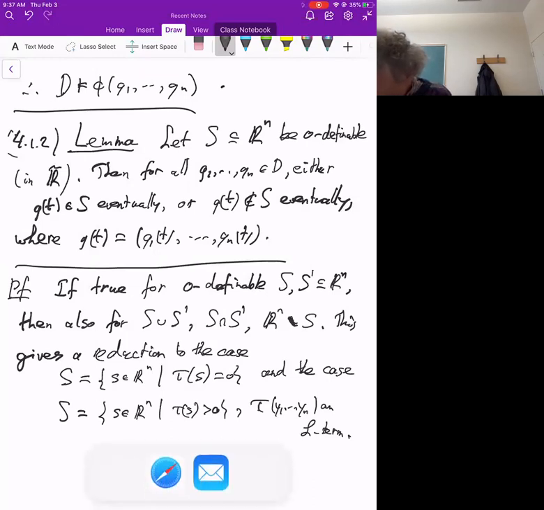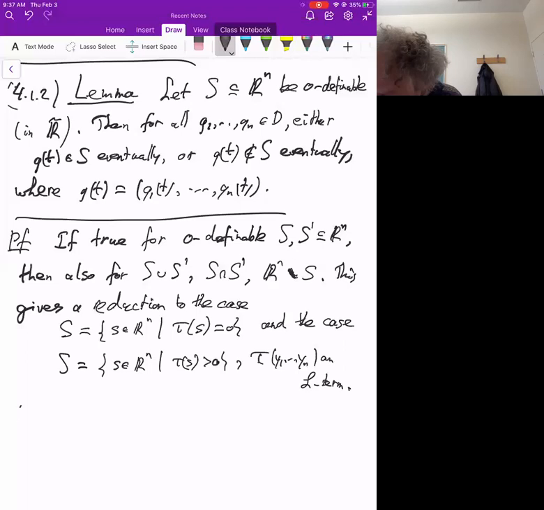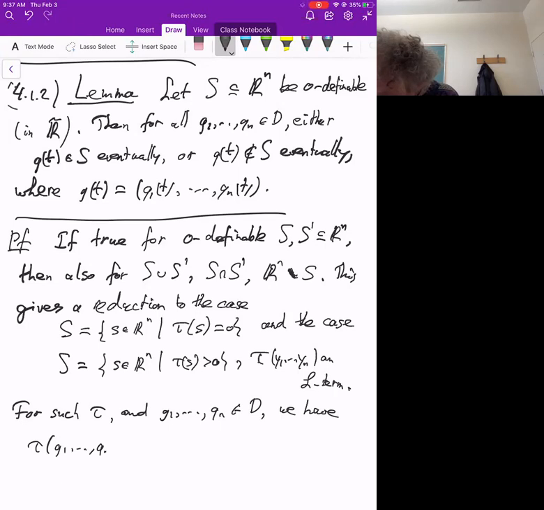Now the point is that for such tau, and g1 up to gn, n germs in D, we have tau(g1, up to gn) also in D, right?